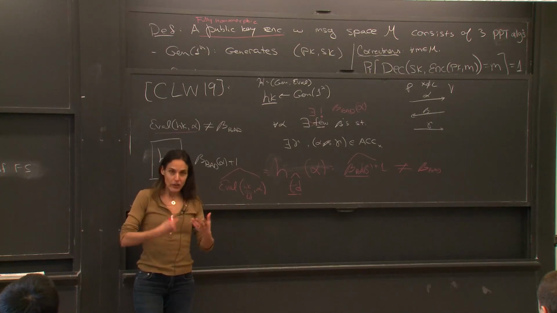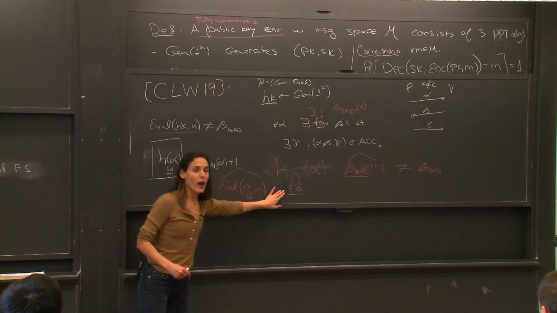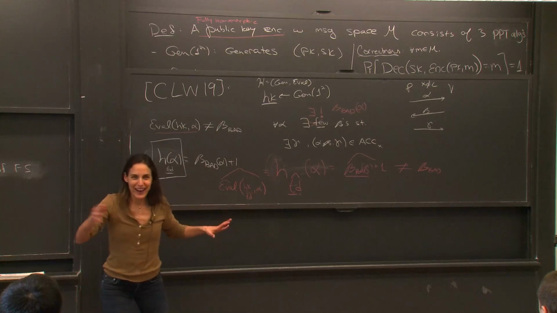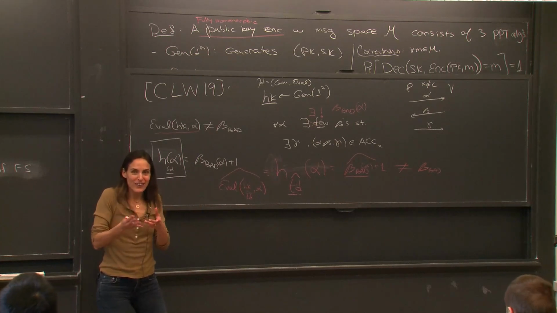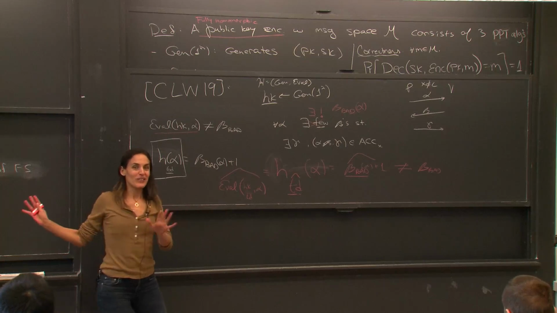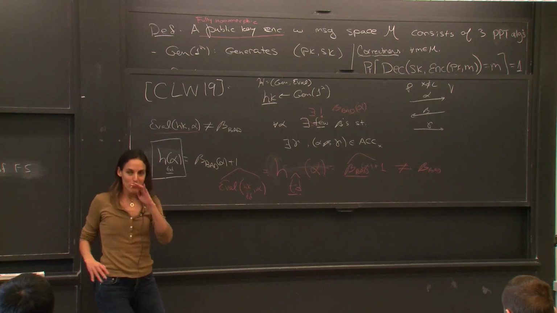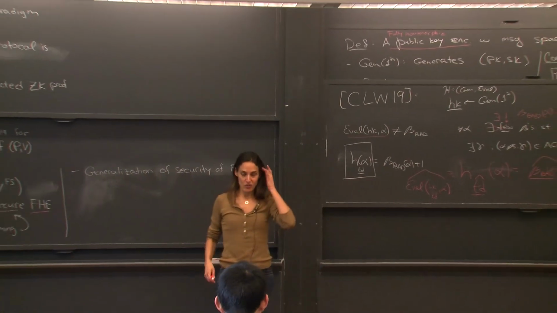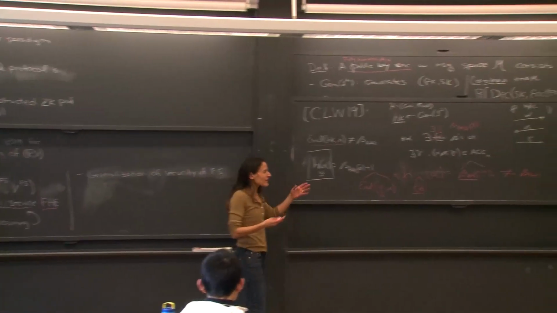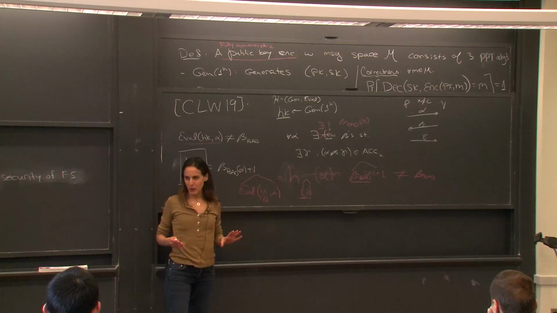And I'll show you later, all you need is this trapdoor that tells you where the bad challenges are. Once you have a trapdoor that tells you where the bad challenges are, then you can use it. But we'll mention that towards the end of class. We'll see that it's general. So in some sense, you don't even need to look too detailed into that protocol.